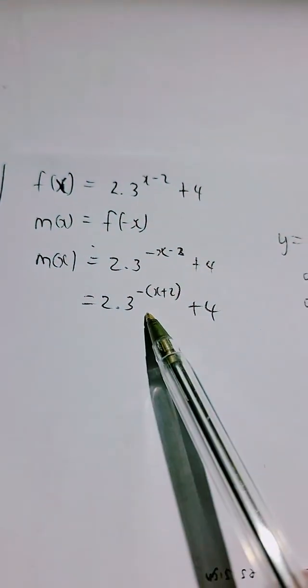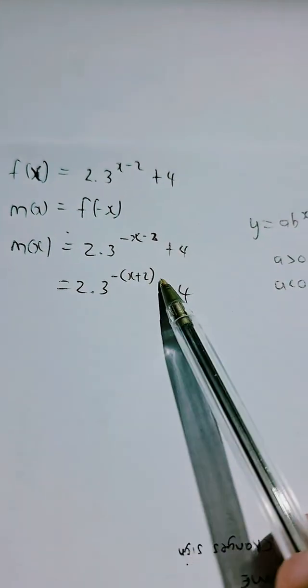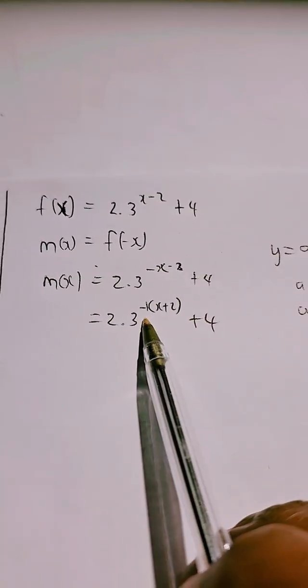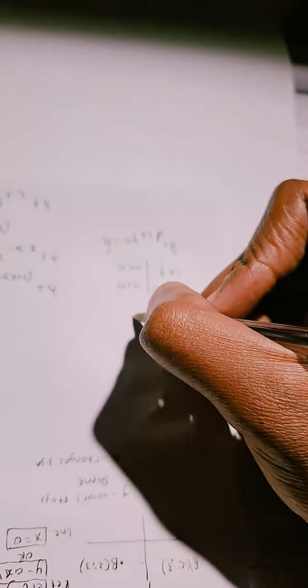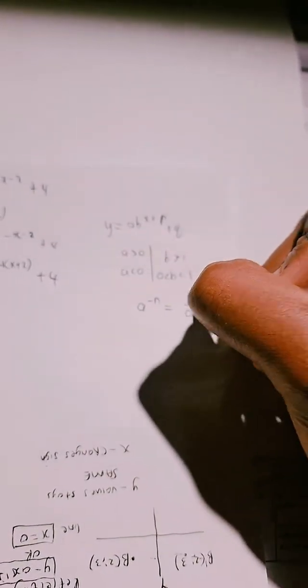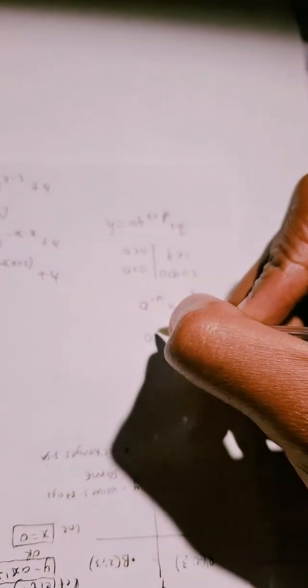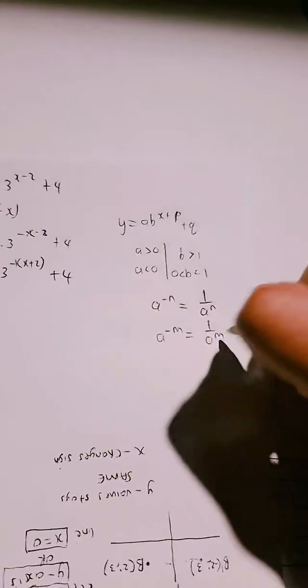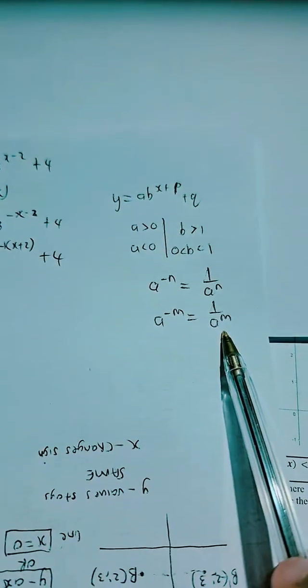If we look at b currently, we have 3 to the power, and we're like, what's happening here? There's a negative. So it's very important to note it's 3 to the power negative x that we have there. Remember, exponents: a to the power negative n can be written as 1 over a to the power n. This is a very important notation.